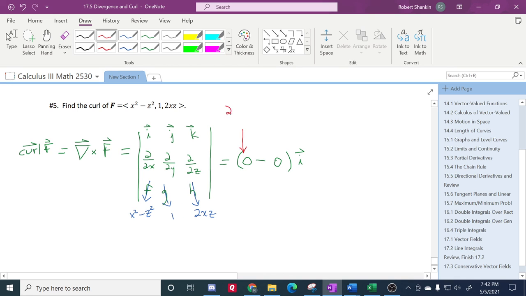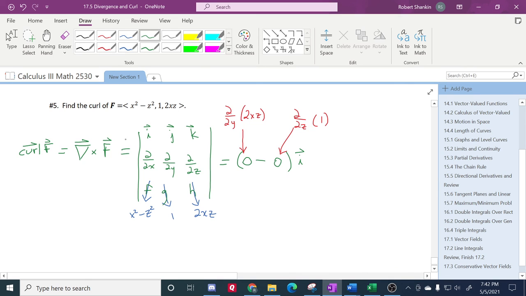This was the partial with respect to y of 2xz, and this one was the partial with respect to z of 1.